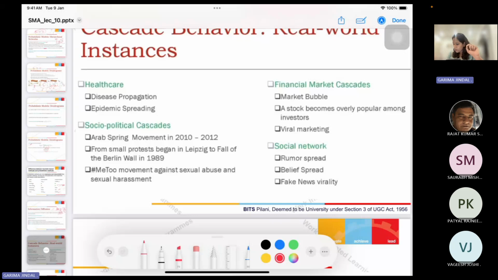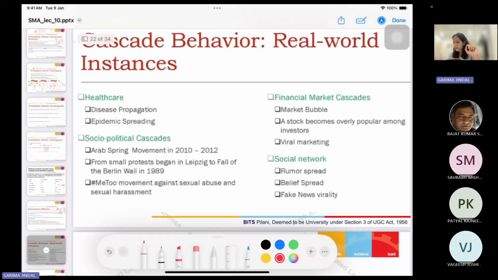Then we have financial market cascades. In the financial market, we have seen many times that certain stocks become more popular. Why do these stocks become popular, and how does a particular stock go viral so that now everyone knows about it? That is again an application of information diffusion.